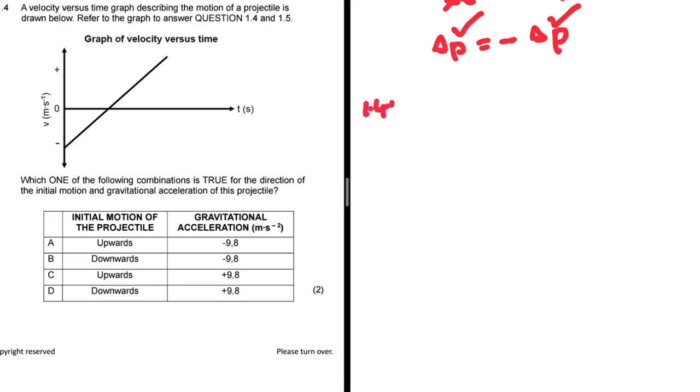So 1.4: a velocity versus time graph describing the motion of a projectile is drawn below. Refer to the graph to answer questions 1.4 and 1.5. Which one of the following combinations is true for the direction of the initial motion and gravitational acceleration of this projectile? So let's take a look at our graph. After some time, our object reaches maximum height.